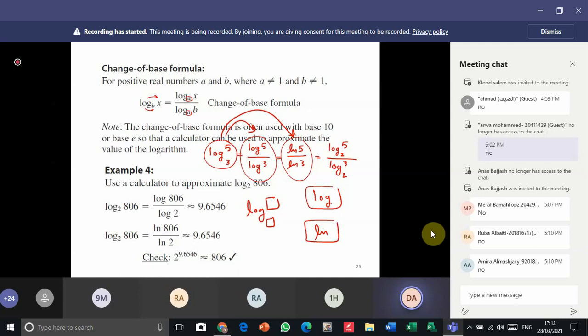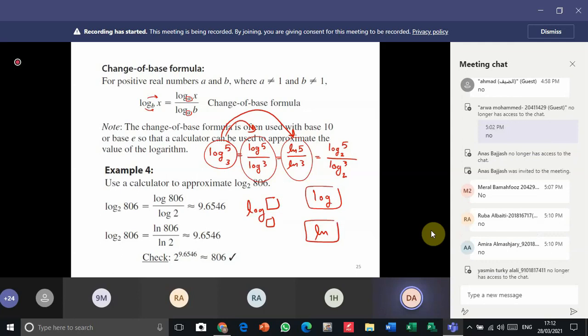Also, in programming languages, some programming languages have this one and this one, but cannot calculate, for example, 5 to base 3. So we need to use this one or this one. Look at this also.